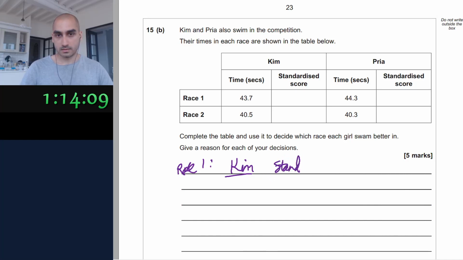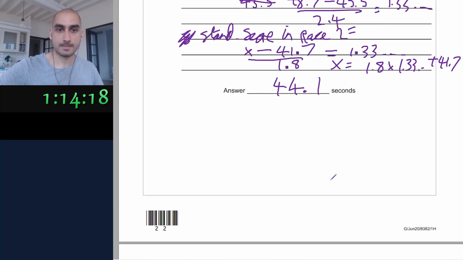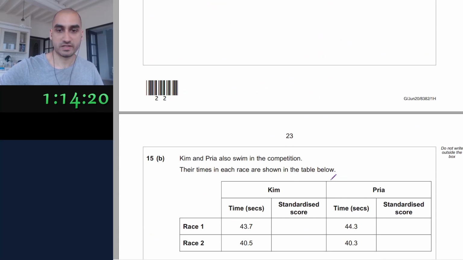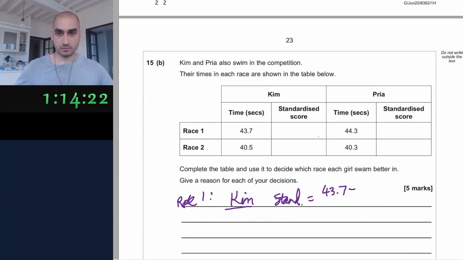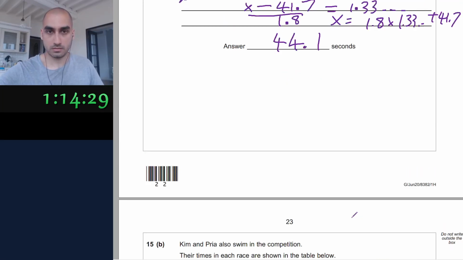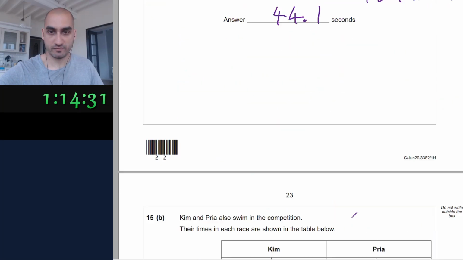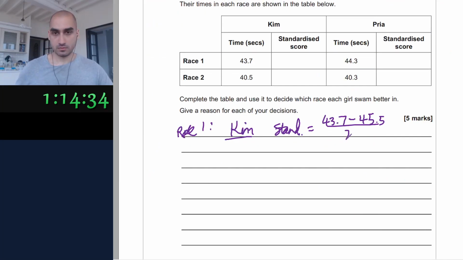Standardized score equals 43.7 minus 45.5 over 2.4, equals 43.7 minus 45.5.